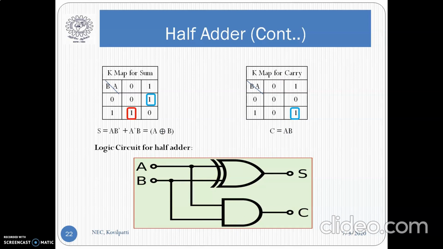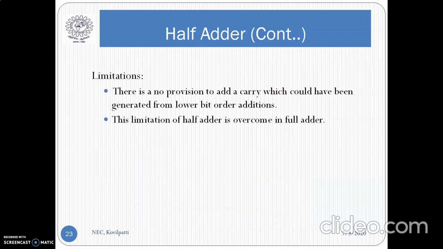So this is the half adder circuit, but there is a limitation with the half adder. What does it mean? The half adder only contains two input lines, so it only has a provision to take two bits as input, add those two numbers and produce a sum and a carry.